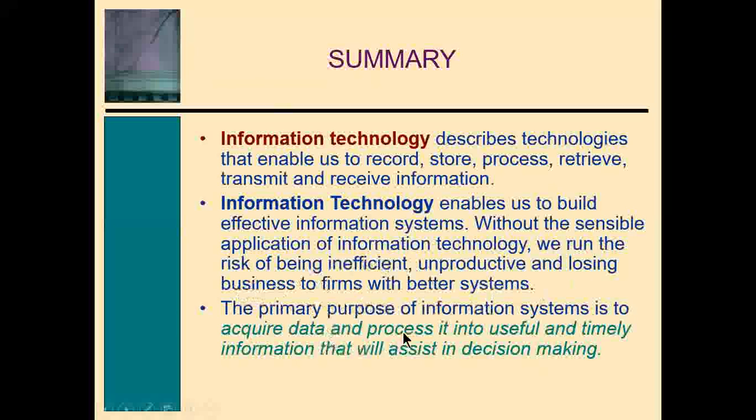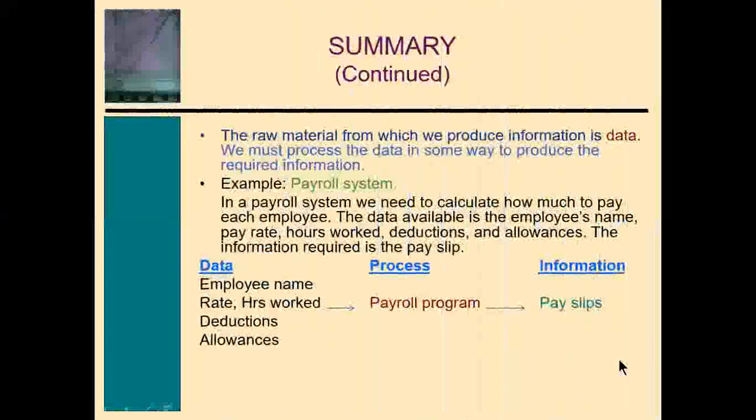So the primary purpose of an information system is to acquire data and process it into useful and timely information that will assist in decision making. The raw material from which we produce information is data. We must process the data in some way to produce the required information.